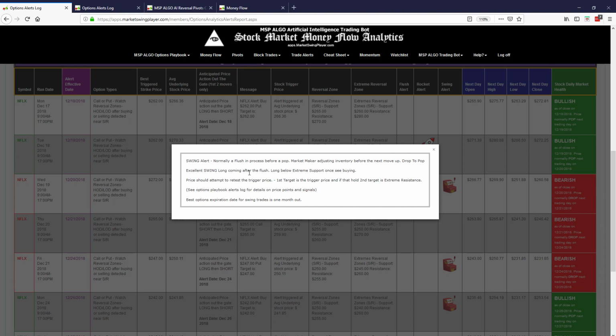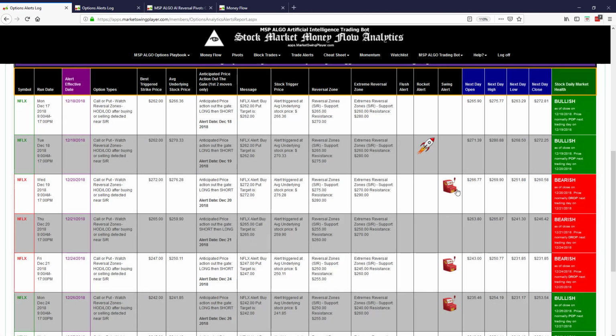Price is going to open, so it's going to flush. We actually have a few trades with this. We have a short and we have a long. Price opened at 266, it flushed to 251, and then it should go back eventually to retest the trigger in time.